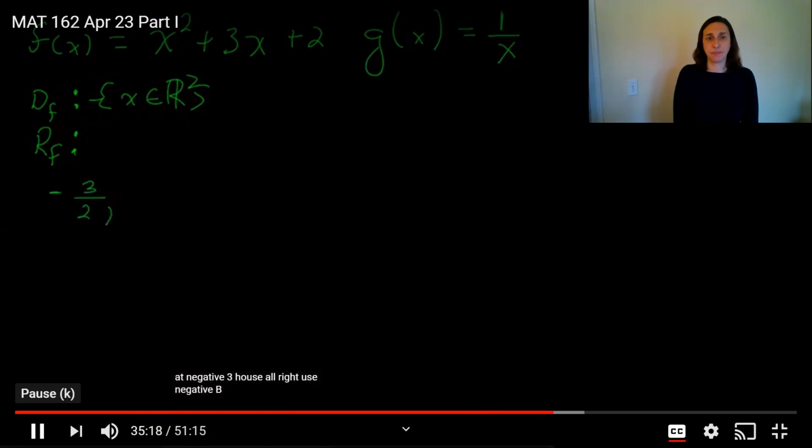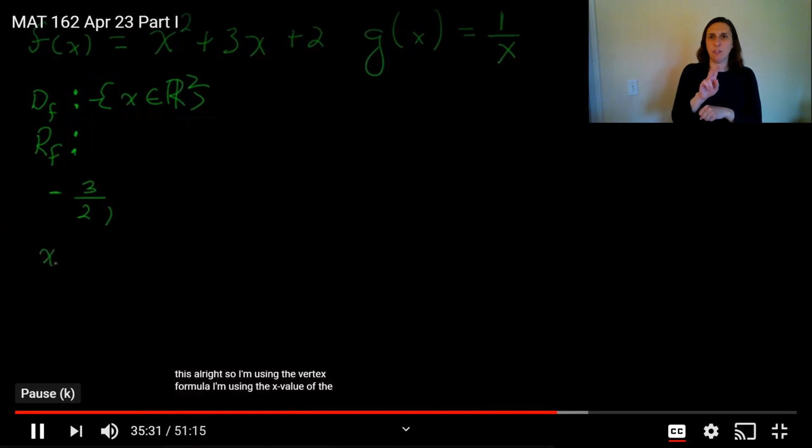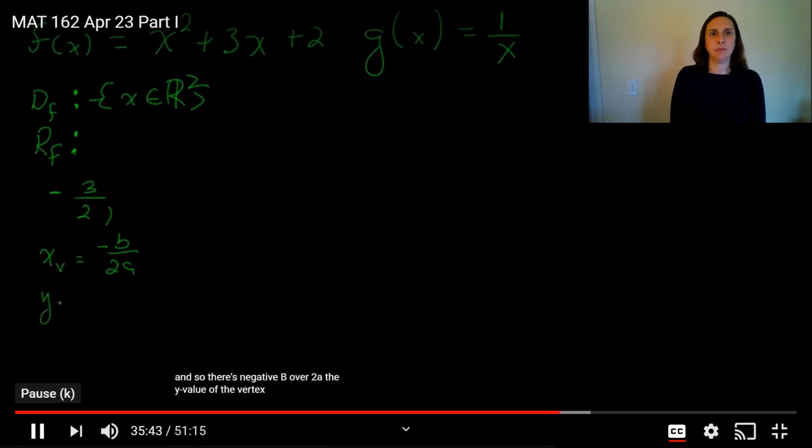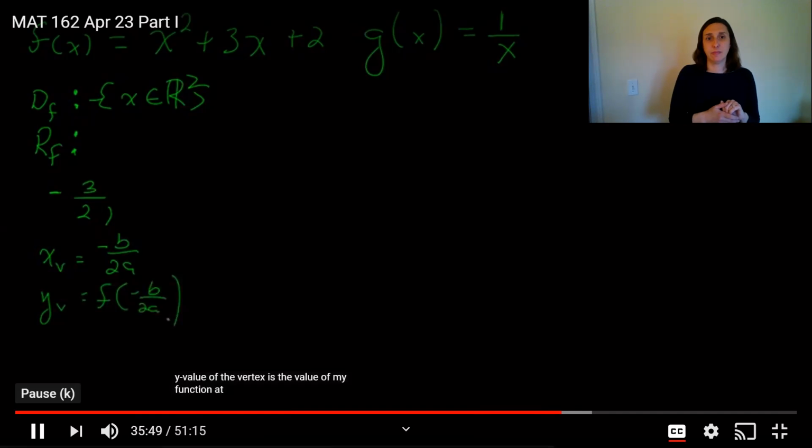Use negative b over 2a, -3/2. And if we plug -3/2 back into this, all right, so I'm using the vertex formula. I'm using the x value of the vertex is -b over 2a. And so there's -b over 2a. The y value of the vertex is the value of my function at that point.